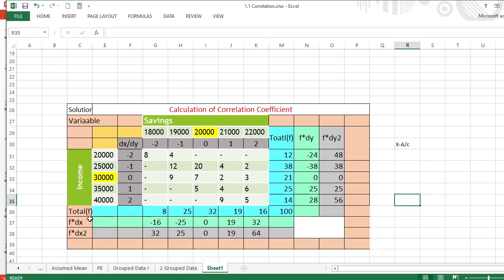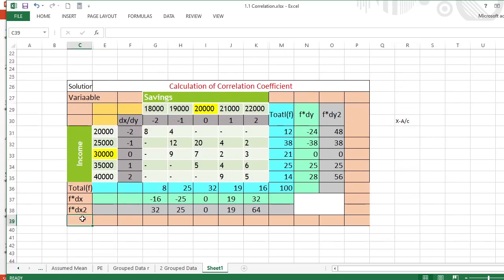So we have calculated f into dx, f into dx squared, and f into dy, and f into dy squared. After this, we need to find out f into dx into dy. So you can write f into dx into dy.